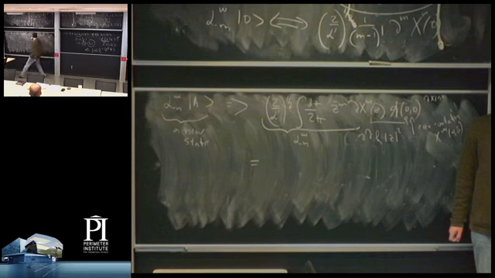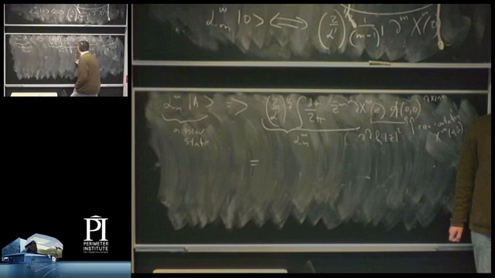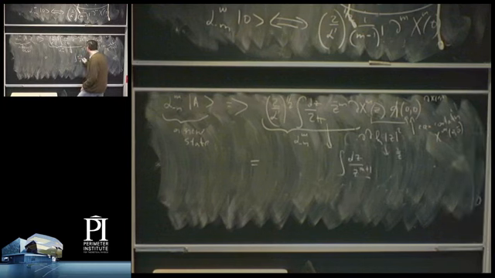If you look at the terms that come from cross contractions, it will be m plus 1 at least, or larger, and m is positive. And so this integral simply vanishes.